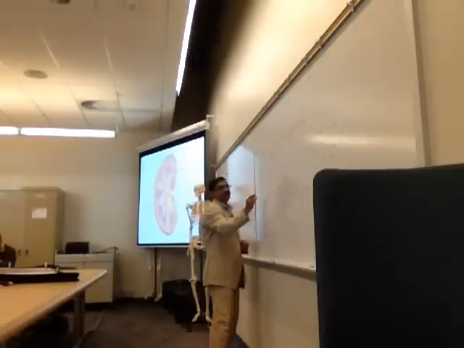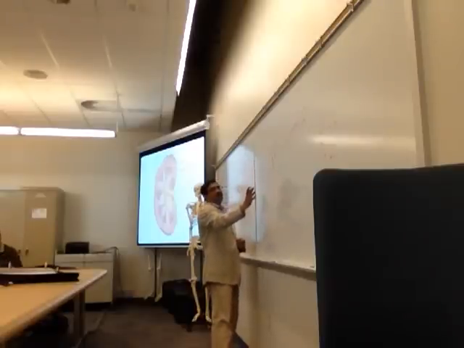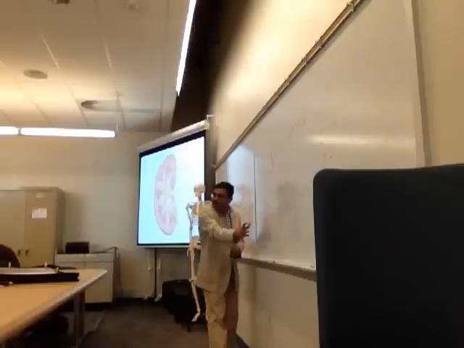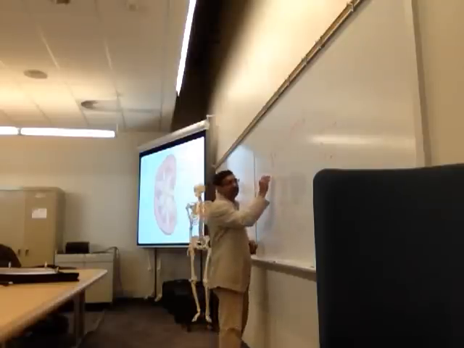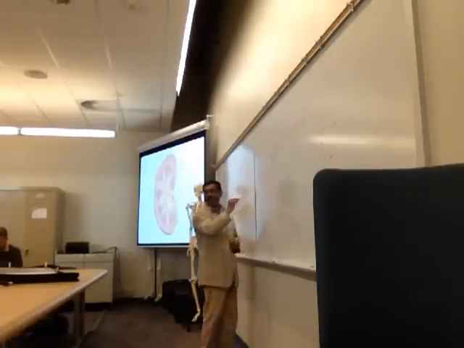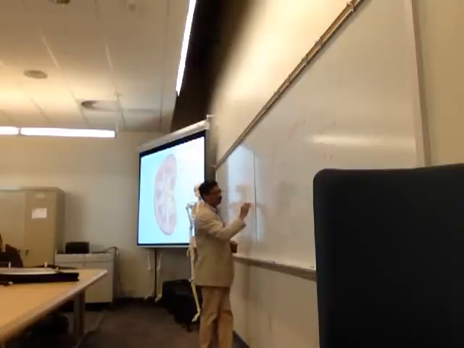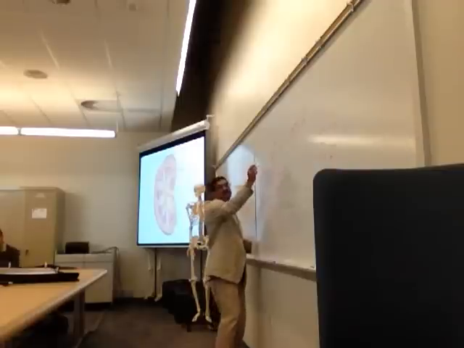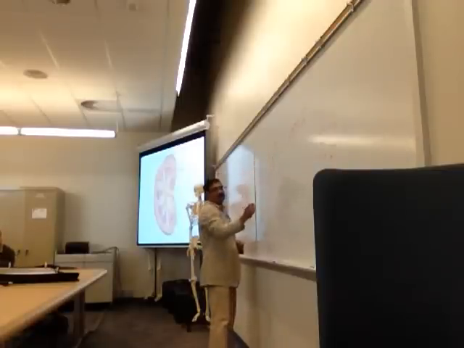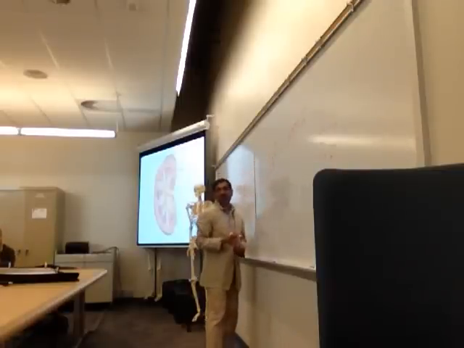Now, if you just see that this is the long looped nephron. Which part of nephron is in the cortex and which part in the medulla? Okay, so if you draw a line here, that will roughly tell you that this is the cortex here, and this is the medulla. Okay, so now these structures in the cortical part and these structures in the medulla.